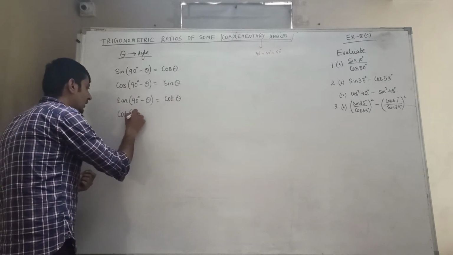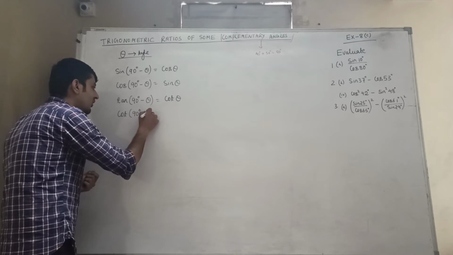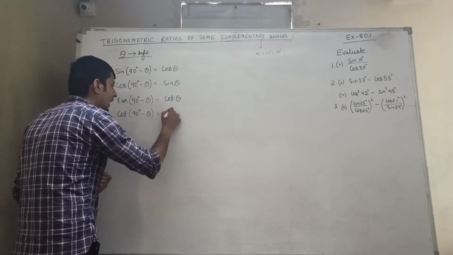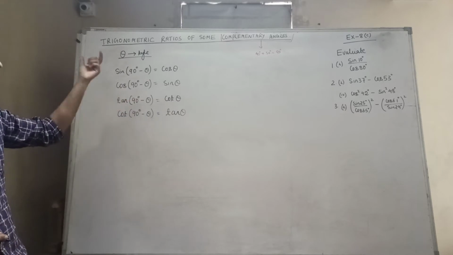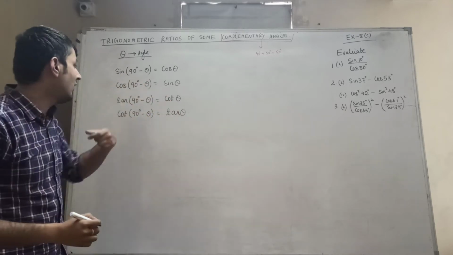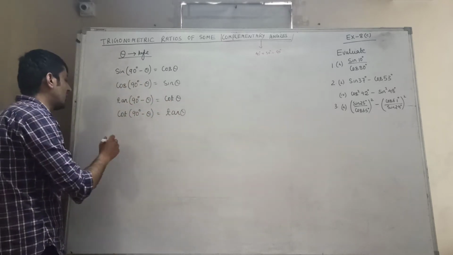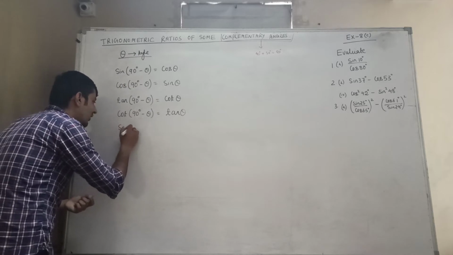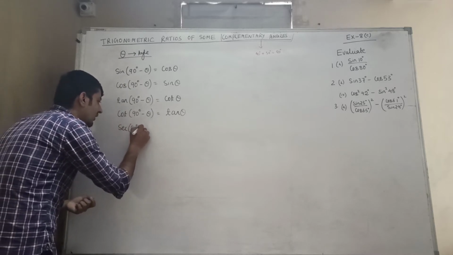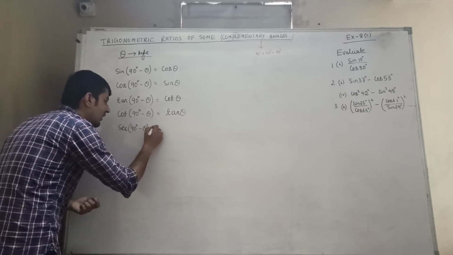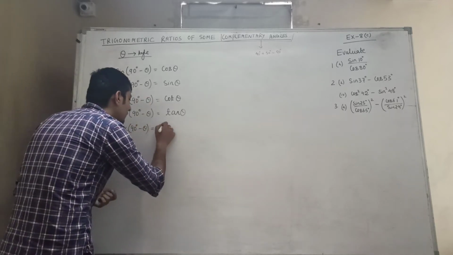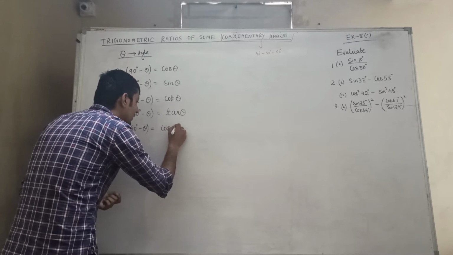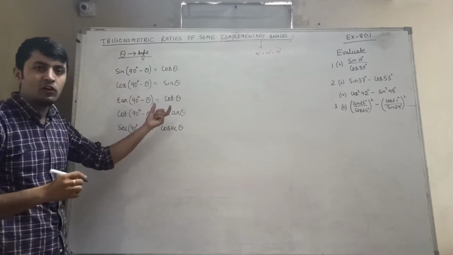Cot of 90 degree minus theta will become tan theta. Then let us go to the next one, that is sec of 90 degree minus theta. It will become cosec theta.